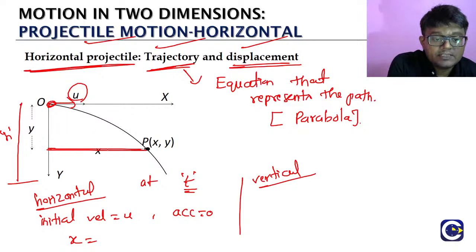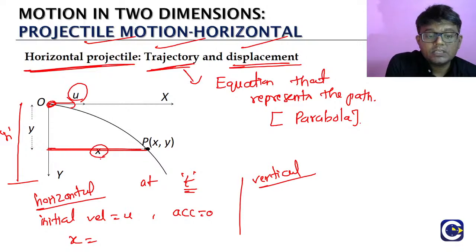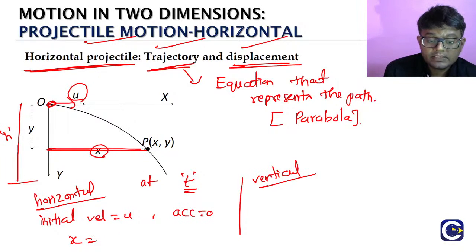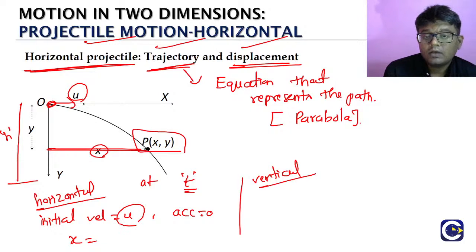So after time t, the displacement along the x direction is what we represent by the x coordinate. The displacement along the x direction is the x coordinate of the location where the particle is. Because it is a uniform velocity motion, what is the displacement formula? U into t.